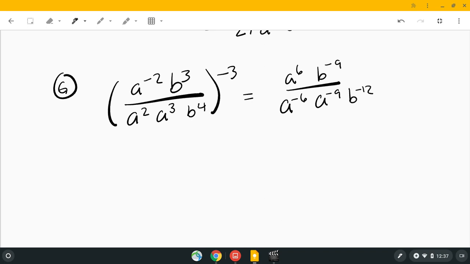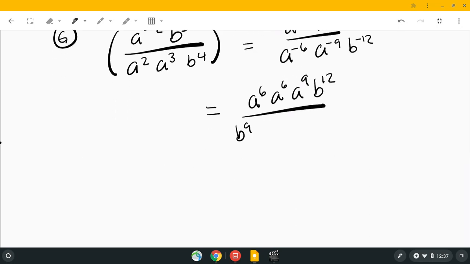All right, I'm going to move around my negatives. a to the 6 stays. b to the 9 will move down. And then a to the negative 6 will move up. a to the negative 9 will move up. And b to the negative 12 will move up. So 1, 2, 3, 4, 5. 1, 2, 3, 4, 5. They're all accounted for.